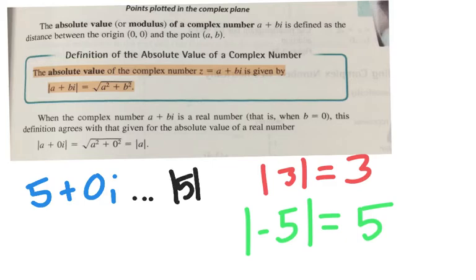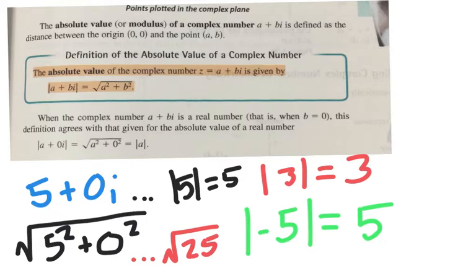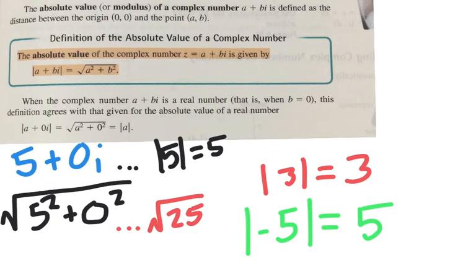Well, what's the absolute value of 5? Well, we know that's 5. But what if we didn't know and we had to use the distance formula? What's the real part? 5 squared. What's the imaginary part? 0 squared. So what would that give me? The square root of 5 squared, which is 25. What's the square root of 25?